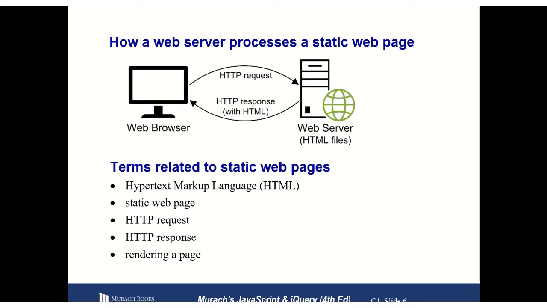The terms related to static web pages are very simple. HTML, hypertext markup language, is the language of the web. Then you have the static web page as a whole.